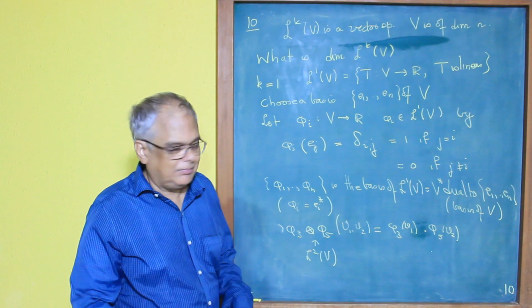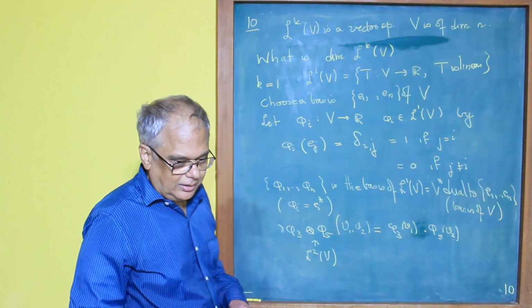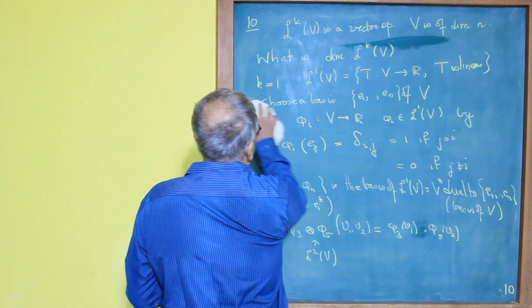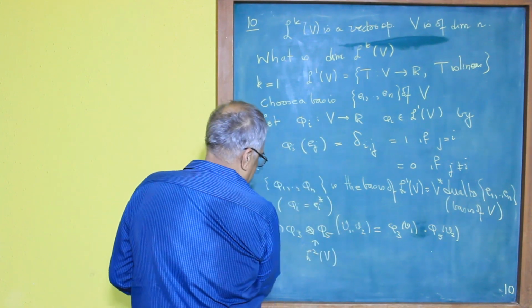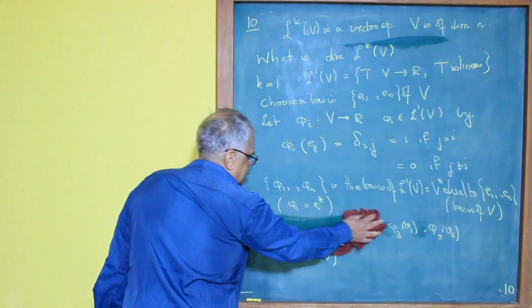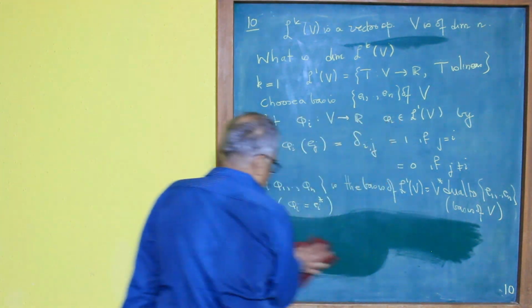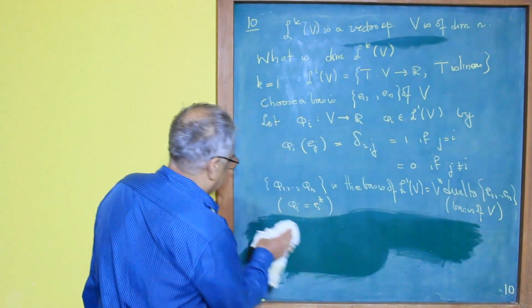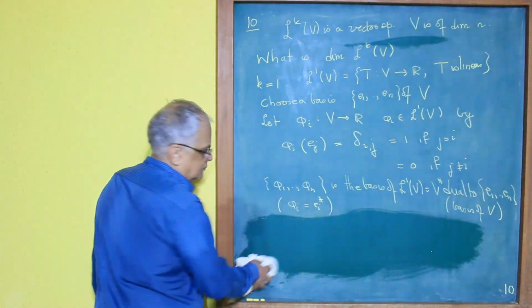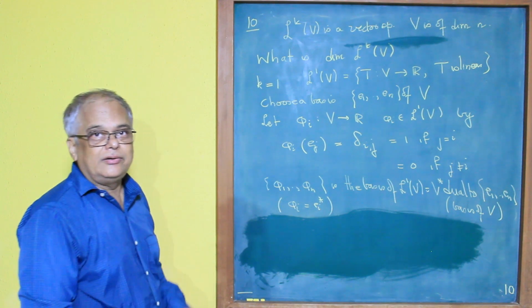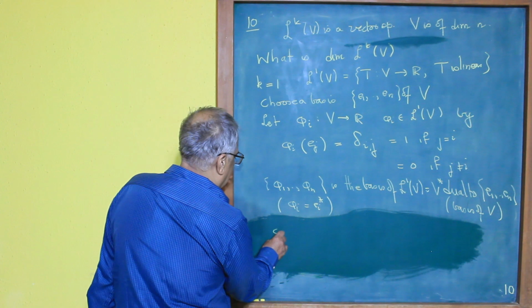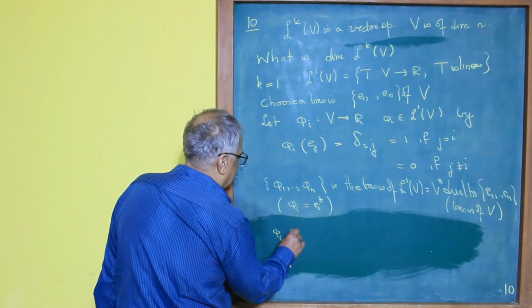Similarly, you can write down many elements in L_k(V). So an element in L_k(V) is phi_i1 tensor through phi_ik.